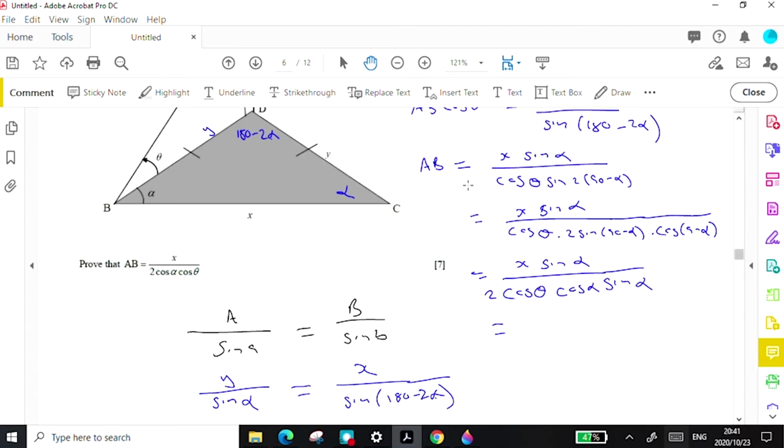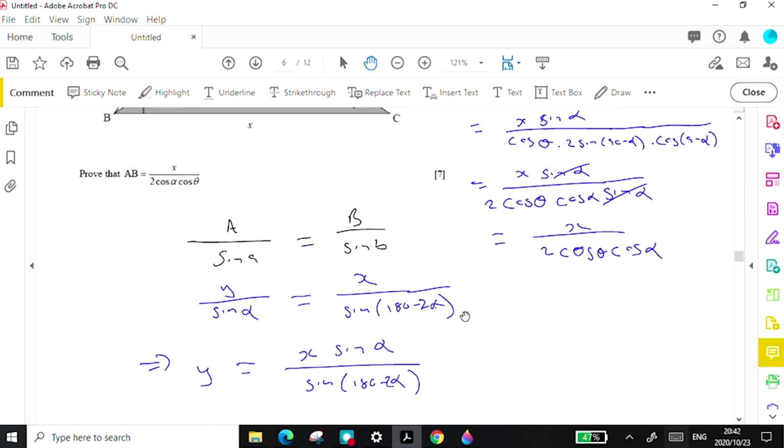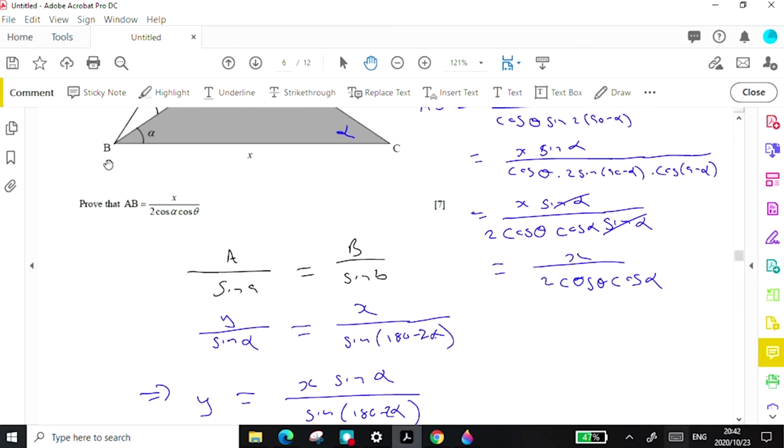So this will cancel out, and we have x divided by 2 cos theta cos alpha, proving the statement.